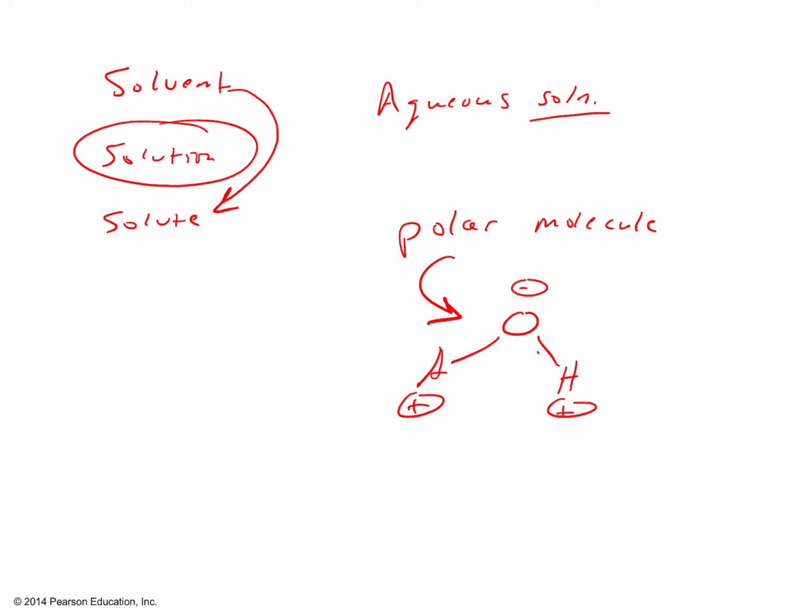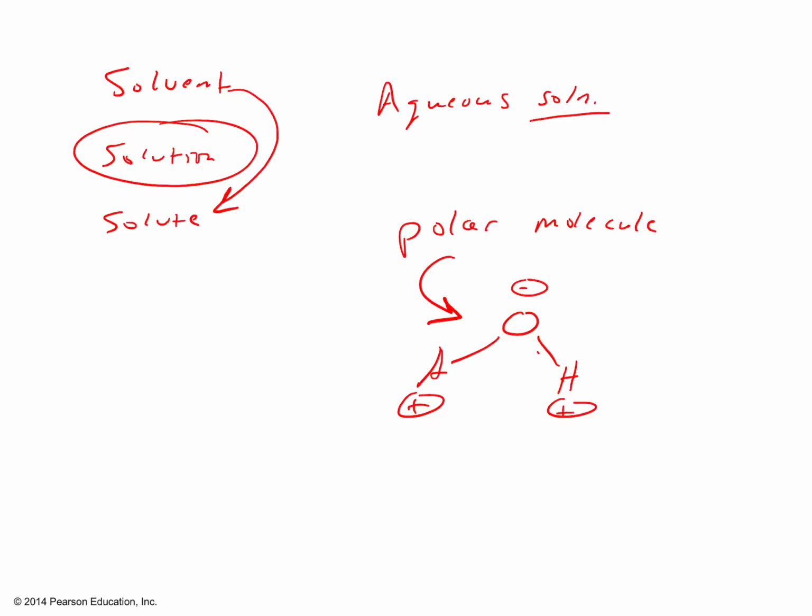That means that if there's another molecule or substance that has a negative charge on it, the positive hydrogen side of the water can attract to it. Opposites attract, right? If there's a molecule, let's say, or a compound that has a positive charge on it, that's a charge that the negative oxygen side of water can attract to. So it's because water's polar and has opposite charges on either side of it that it can attract other molecules.